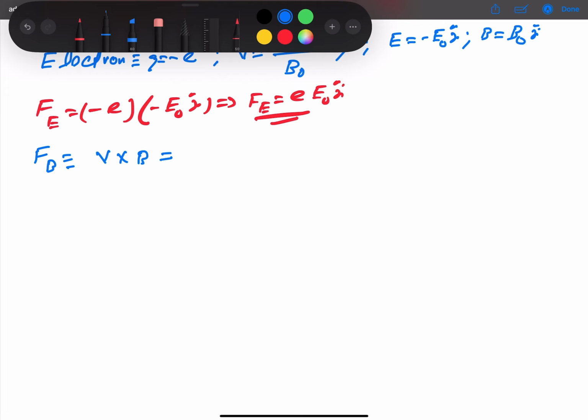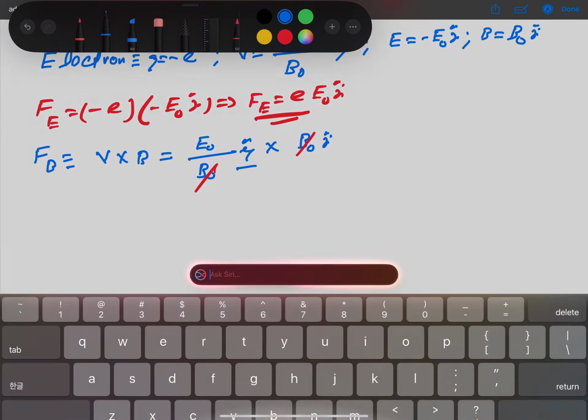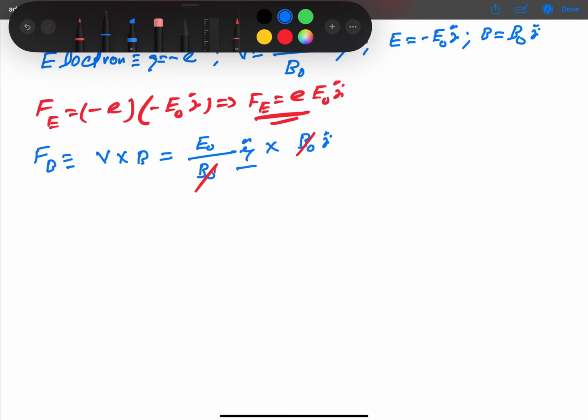We get E naught upon B naught y unit vector cross the magnetic field along our x axis, B naught x unit vector. B naught and B naught cancel out, and we get y cross x, and y unit cross x unit gives us a z unit.